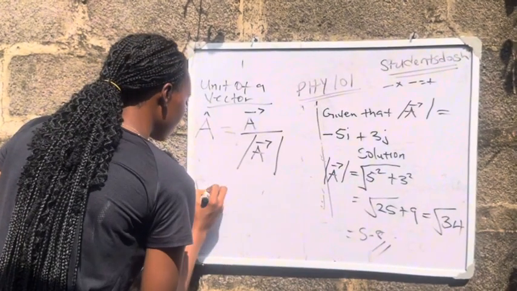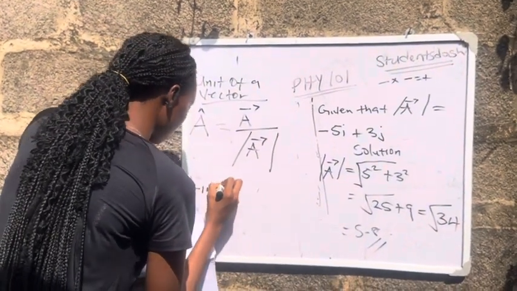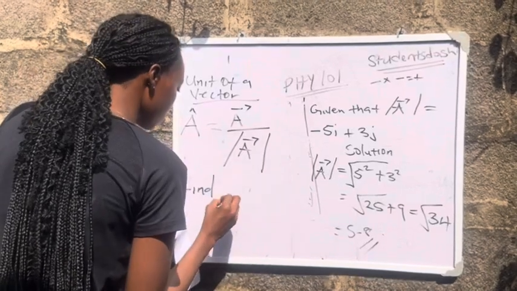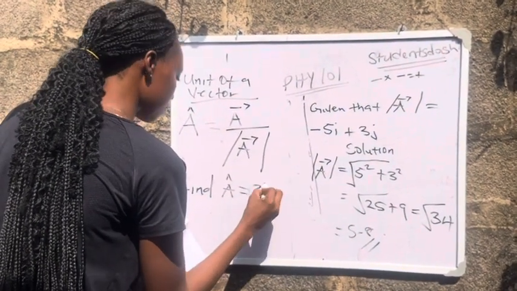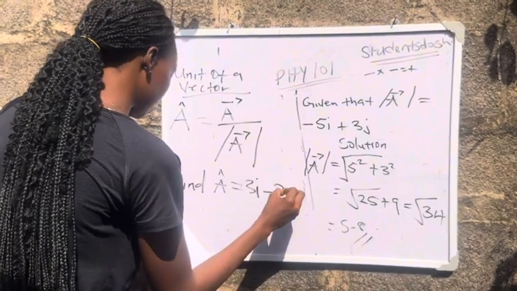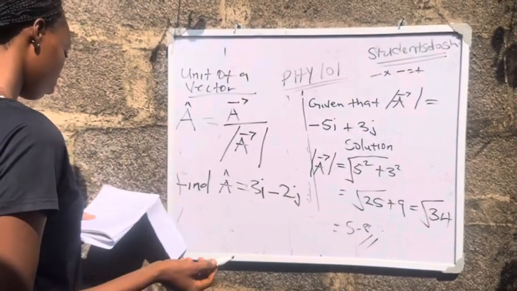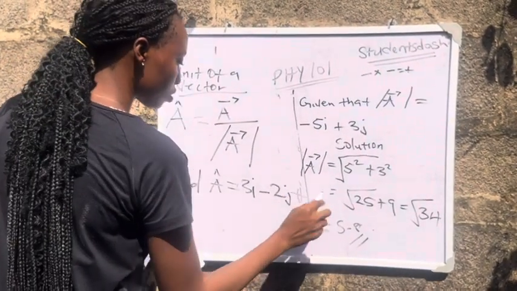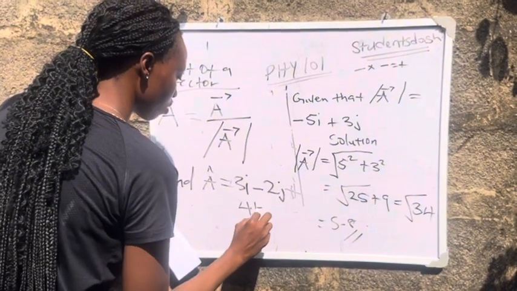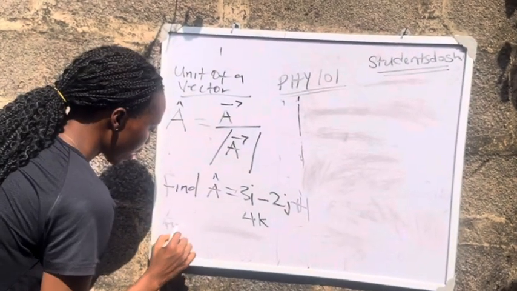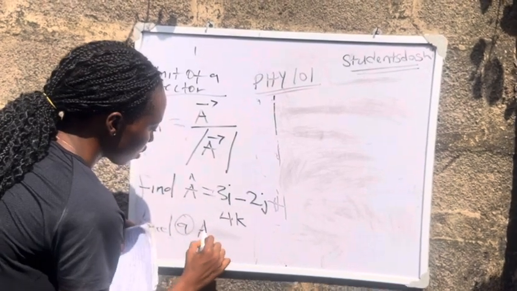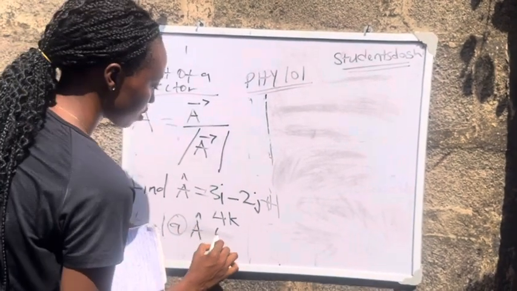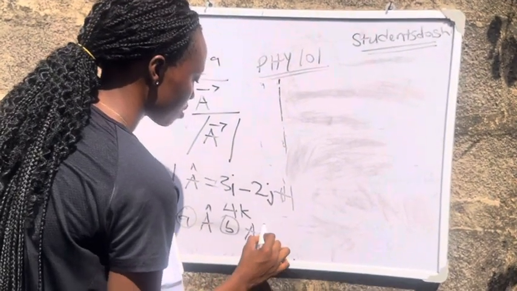Find, given the vector 3i minus 2j plus 4k. Number 1, A, find the unit, then B, find the magnitude.